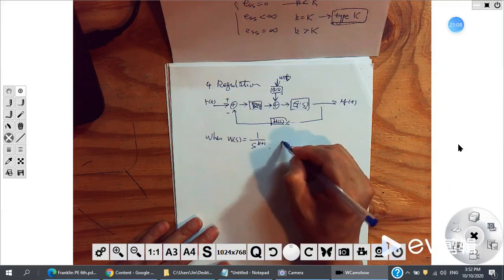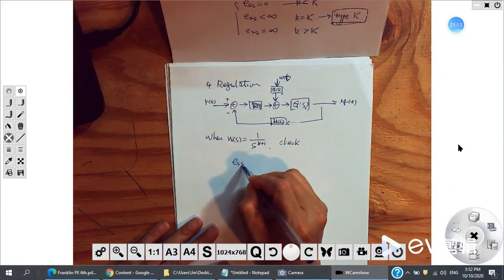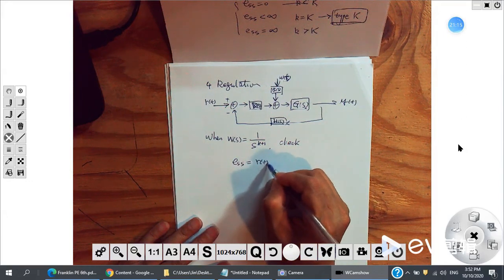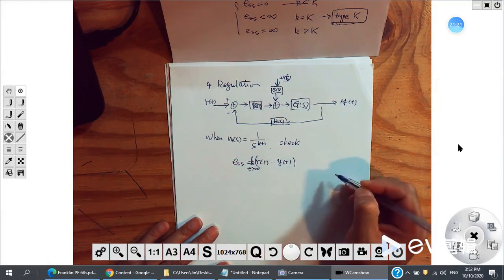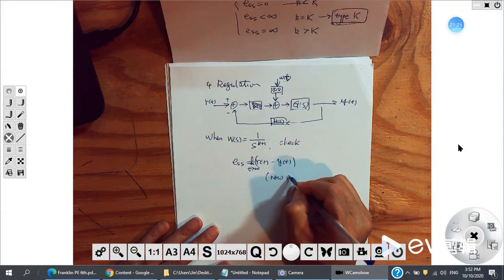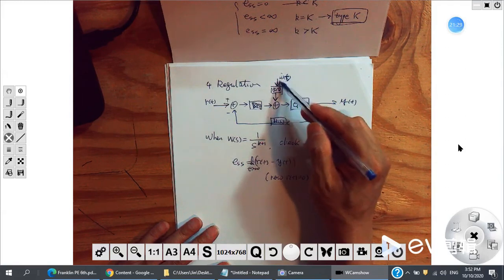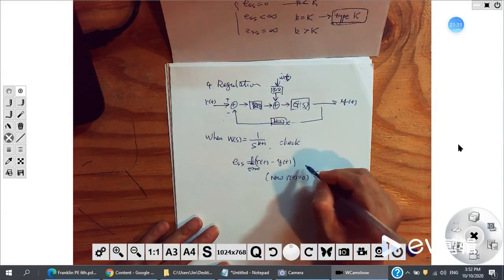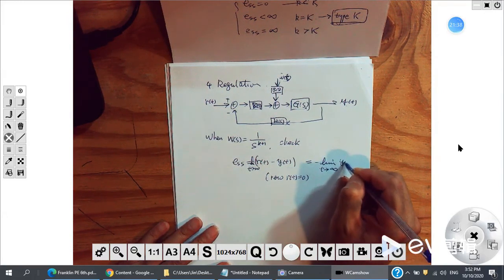Then check ESS, which will be r minus y, and the limit t goes to infinity. Right, it's this one, but now r is 0. r is 0. Only check the disturbance signal. Suppose no input here. So this one will be negative limit t goes to infinity y of t.